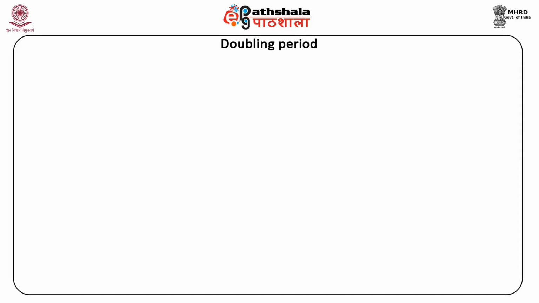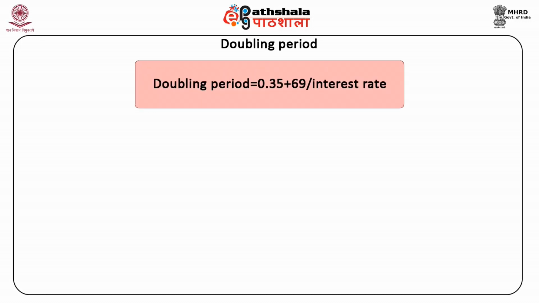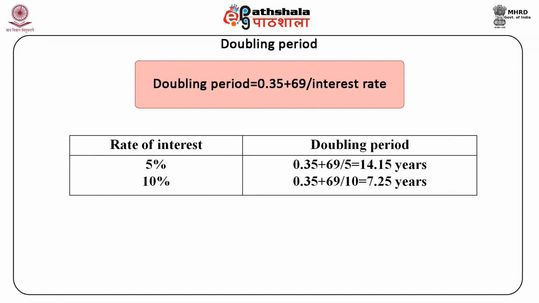Doubling period. If an investor wants to know the time period required for the amount invested to be doubled for a given rate of interest, then the following formula has to be used. Doubling period is equal to 0.35 plus 69 divided by interest rate. Example. Below is the calculation of doubling period for two rates of interest.